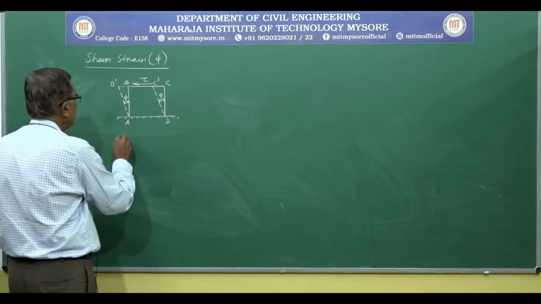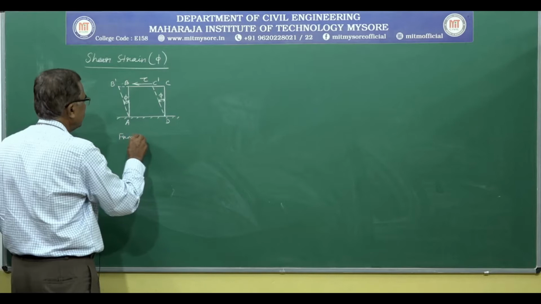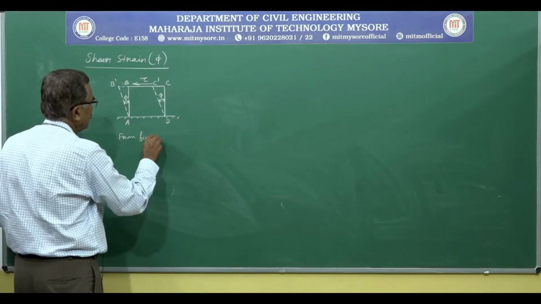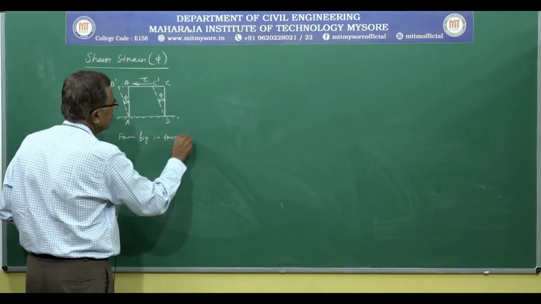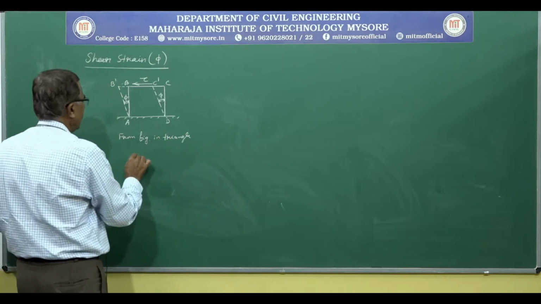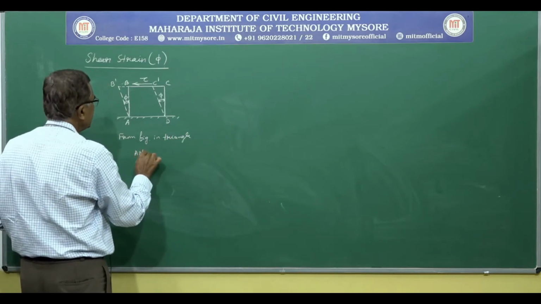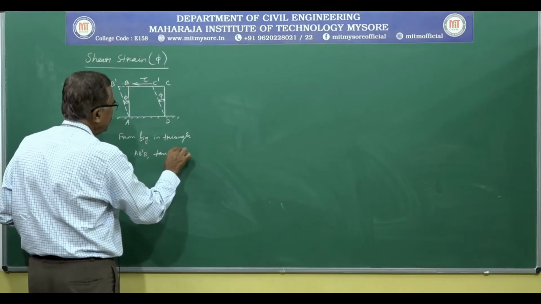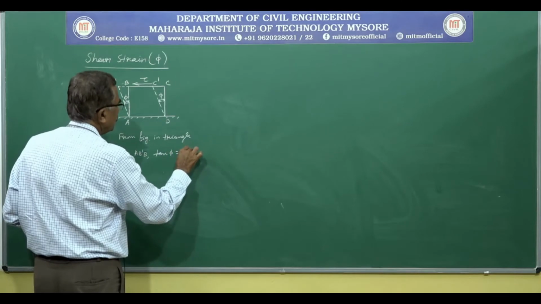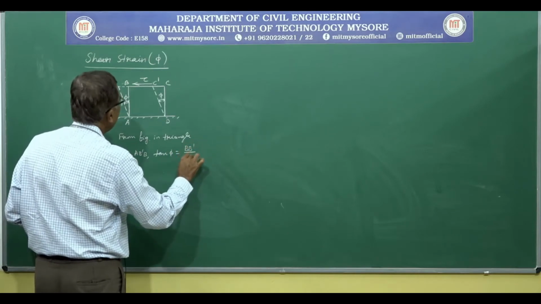From trigonometry, in triangle AB dash B, tan phi is equal to BB dash divided by AB.